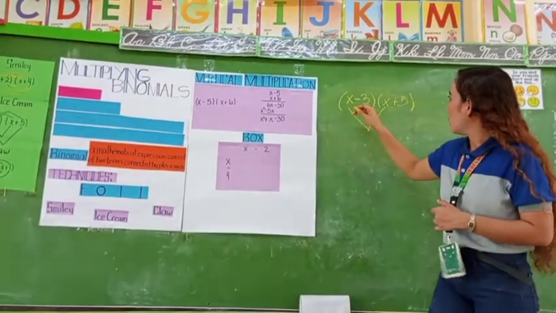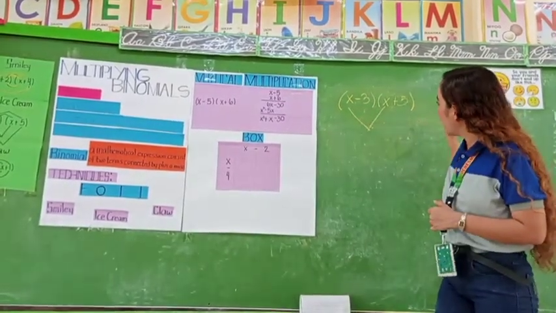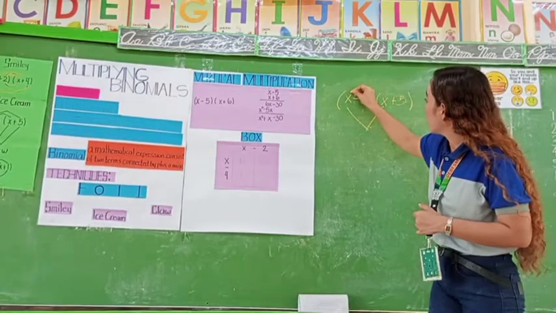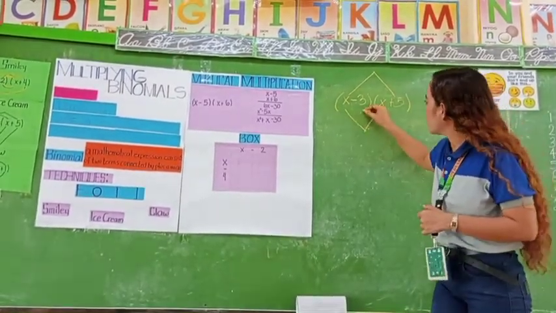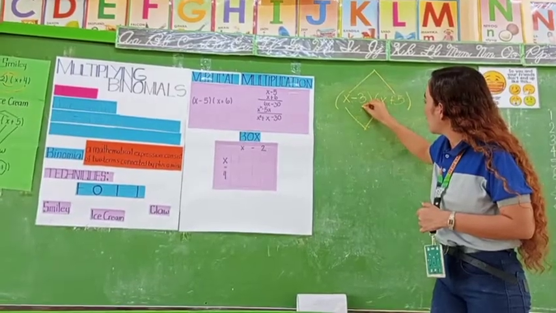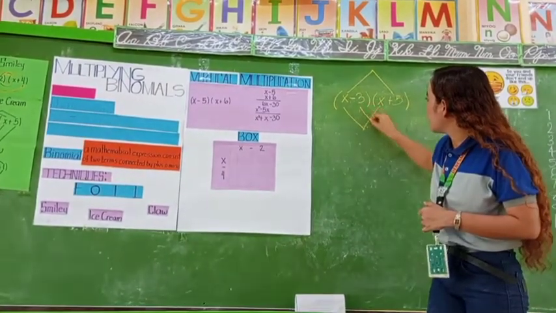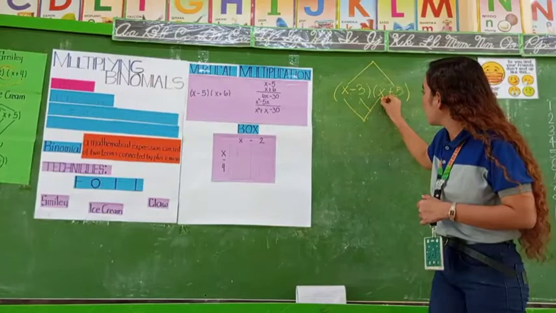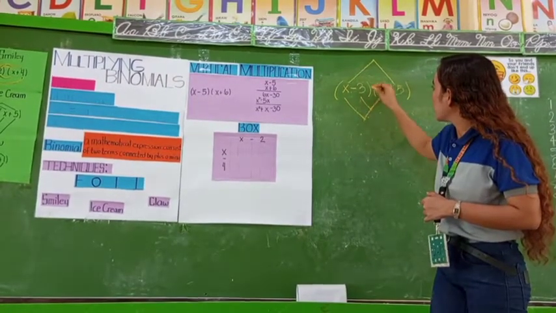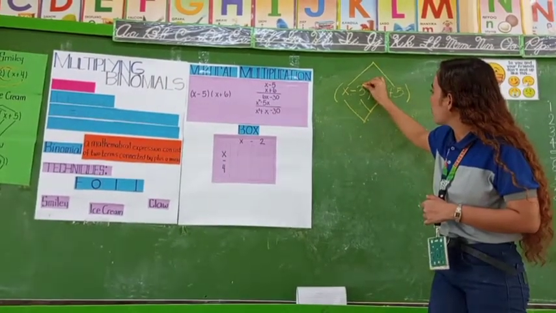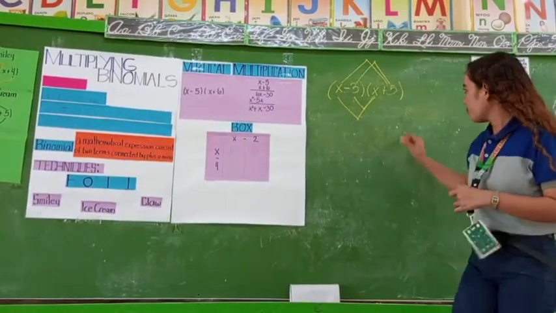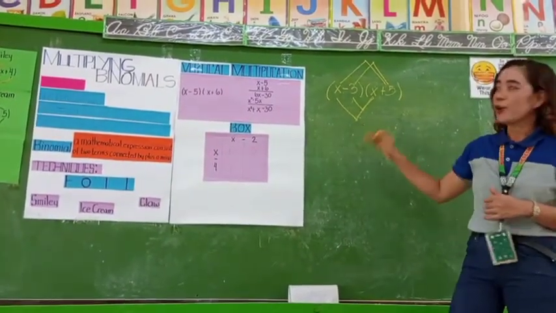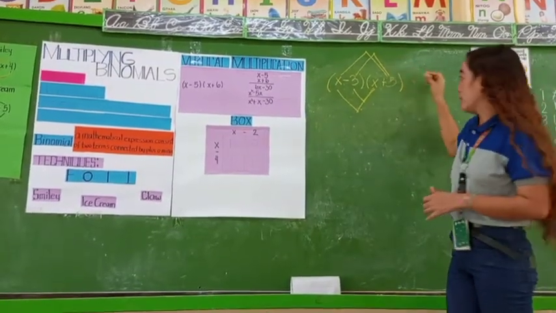The outer term, we have the x and the 5. And then the inner term, we have the negative 3 and the x. And here we have the last term of negative 3 and then positive 5. Para siyang cone, yung kanina smile, ngayon, cone naman ang gagamitin natin.